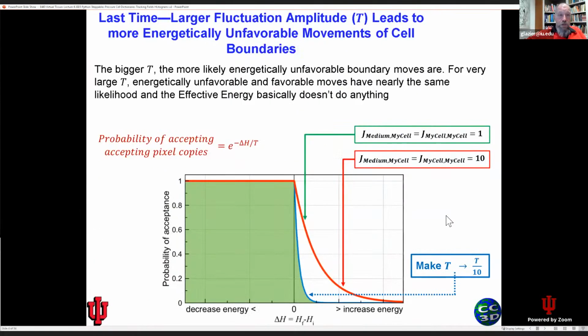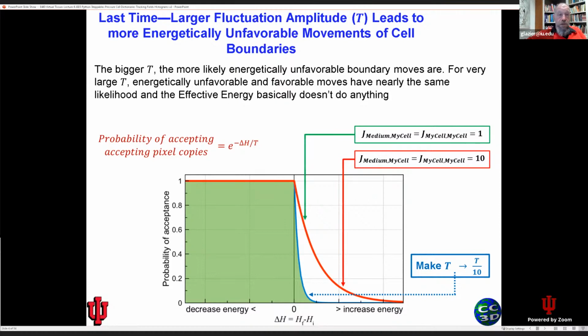We didn't go into much detail about what's called the acceptance function. As I mentioned, the dynamics at Computational consists of taking a lattice site, trying to copy that lattice site onto a neighboring lattice site, evaluating what happens to that effective energy. If the move reduces the effective energy, then you'll make the change always.